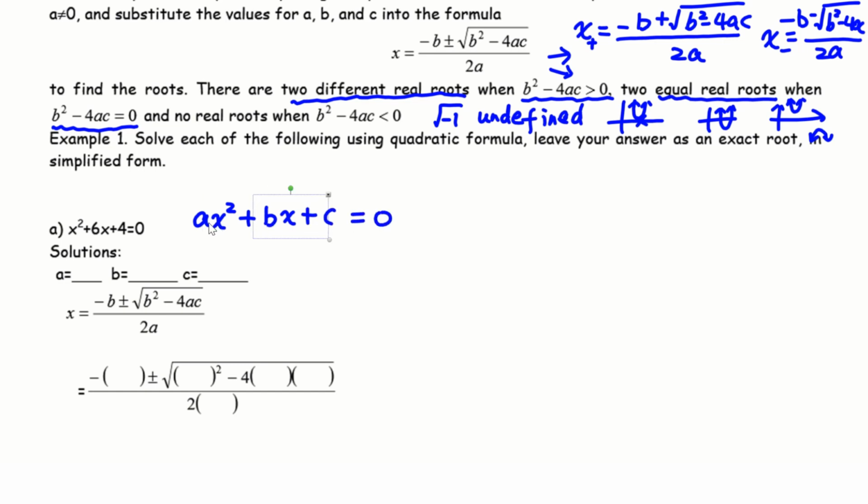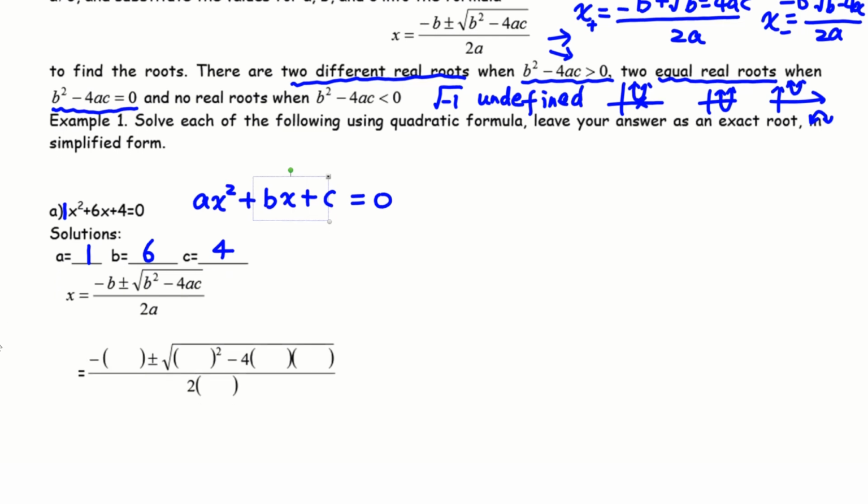So a is the number at front of x squared. So from this one, no number means 1 times x squared. So a is 1. And b is the number at front of x, is 6. C is the constant term, is 4. And remember, a, b, c, they are numbers. There's no x in a, b, c.